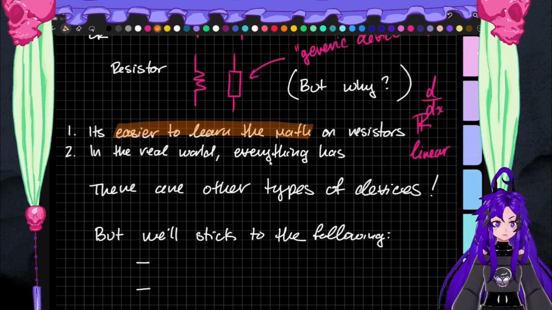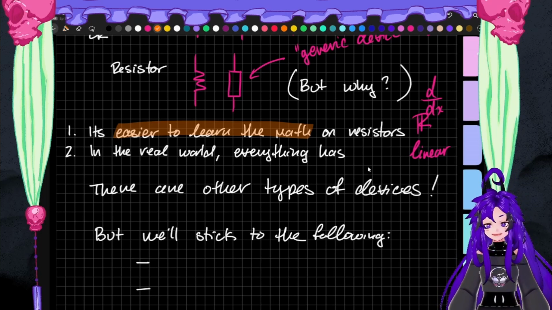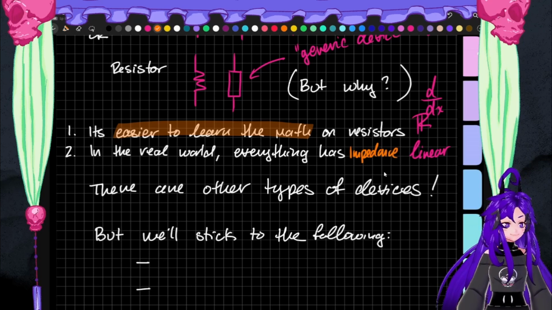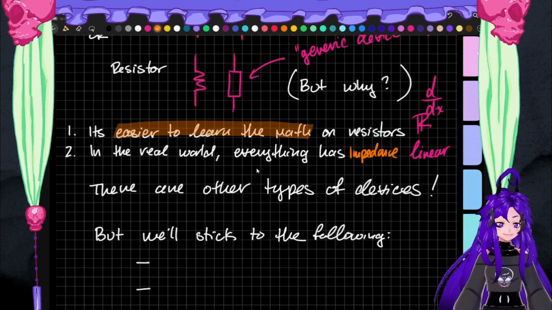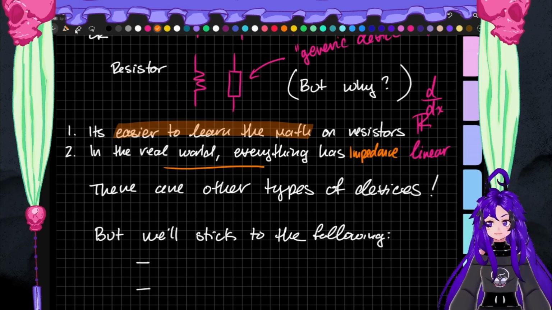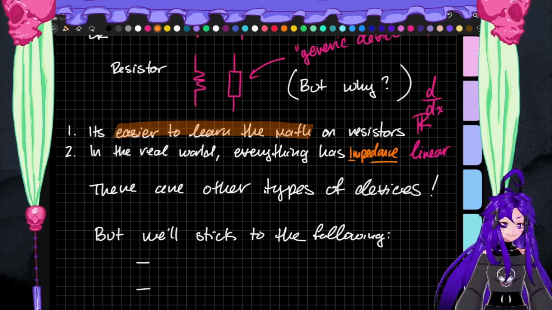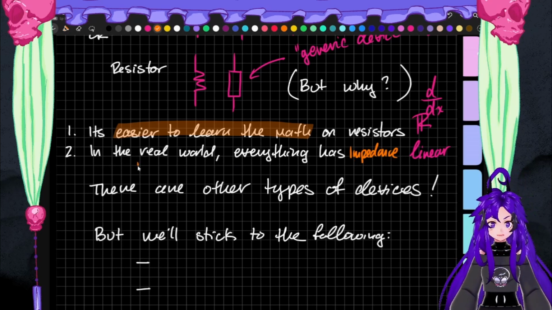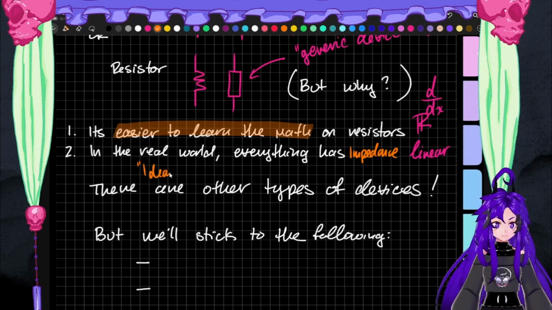Also, in the real world, everything has an impedance. So everything, including the wires, has an impedance. Now, we have made assumptions that get rid of the impedance in a wire, right? And in a source. Those are our ideal assumptions.